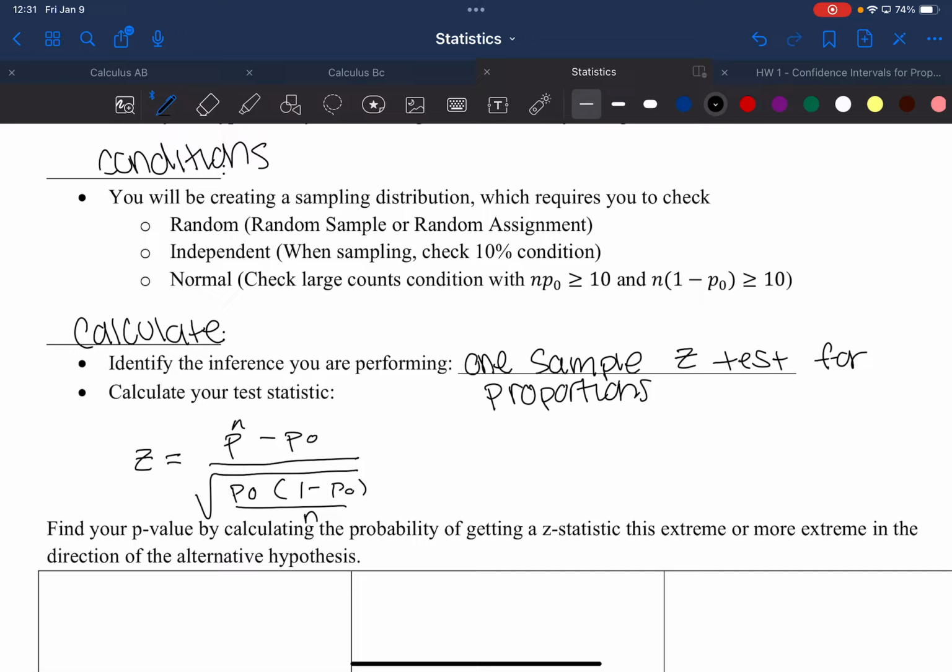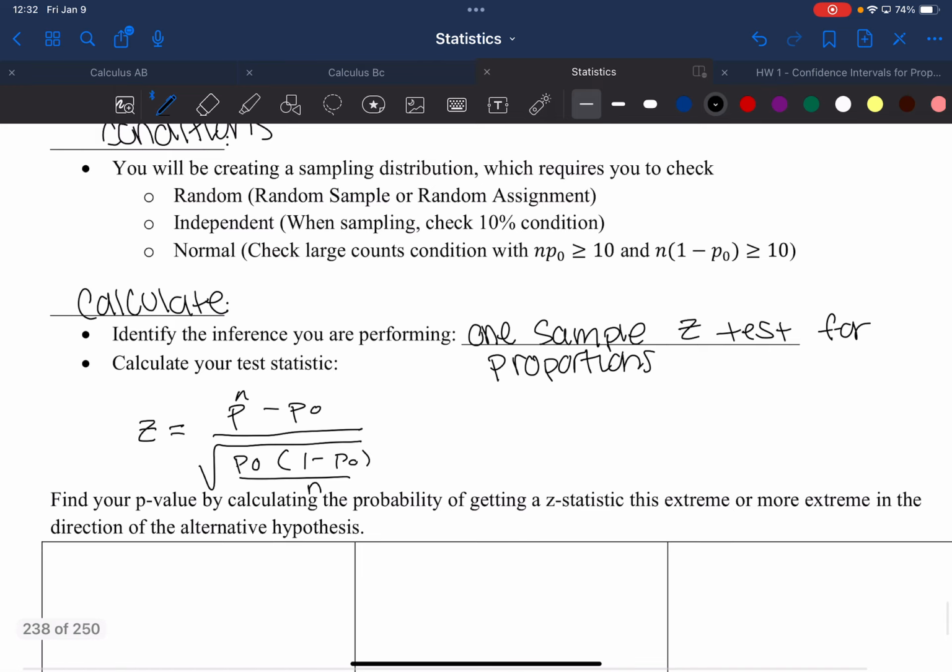P value is the area under the normal curve, either before or after the P hat value, and P is the population parameter. Remember we have P, P hat, P naught, P value.